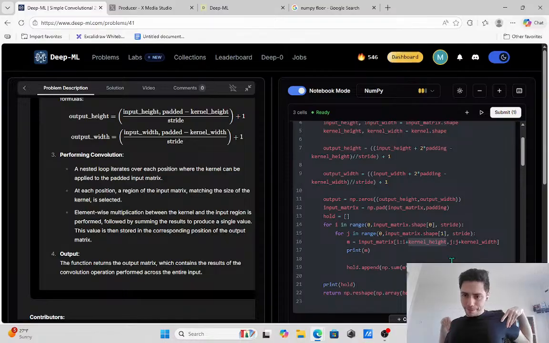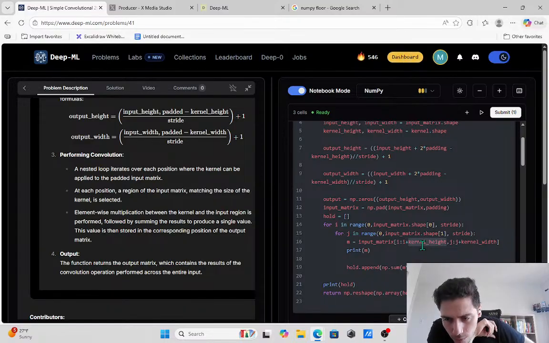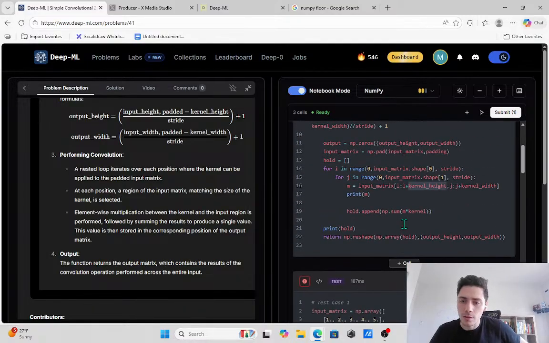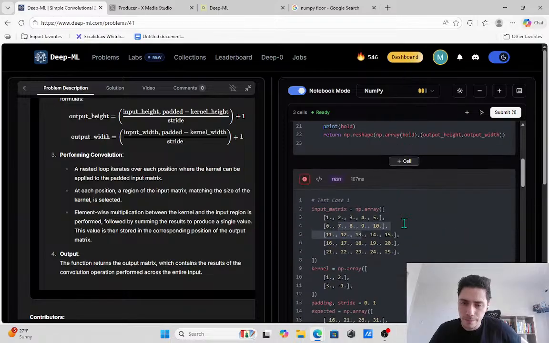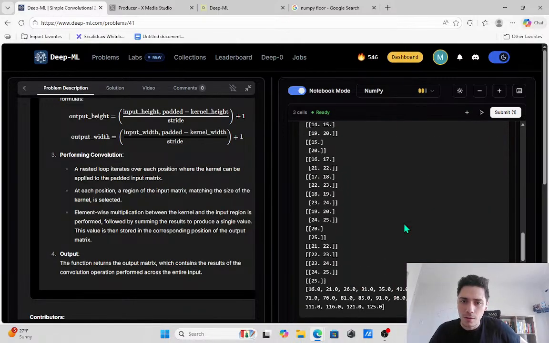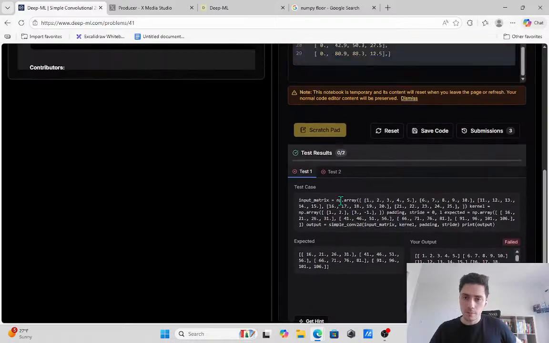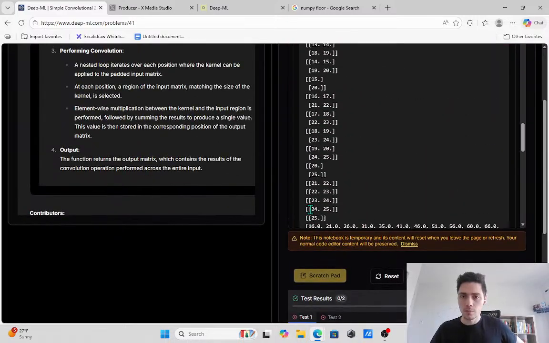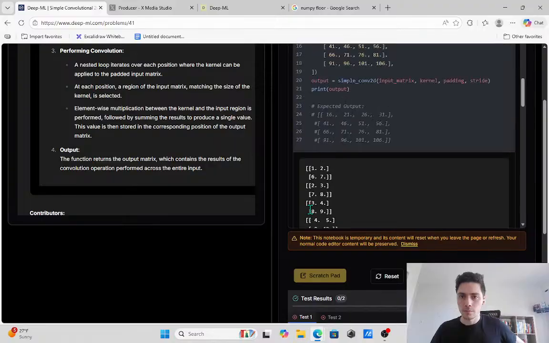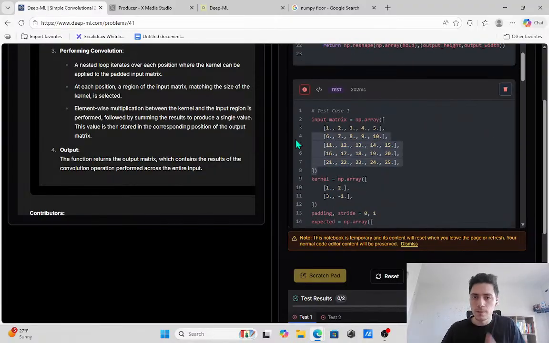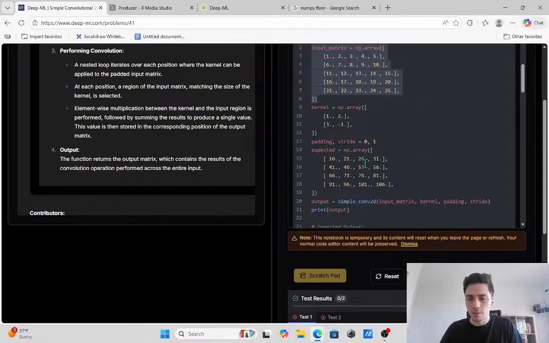Let's see. Kernel height plus 2. Let's rerun this. Let me see what's going on. I know what's going on. Then we're just going to fix this.